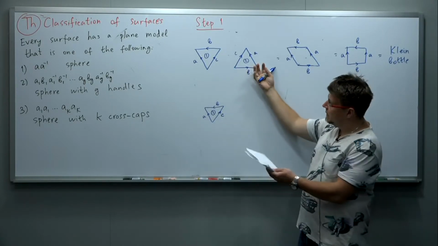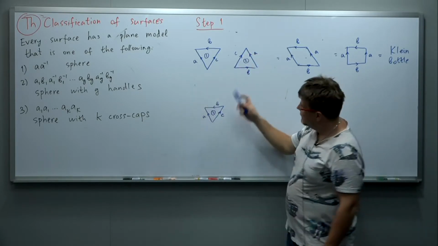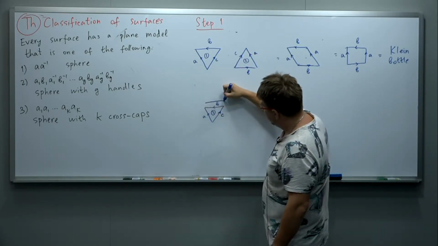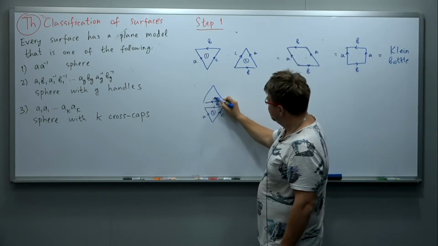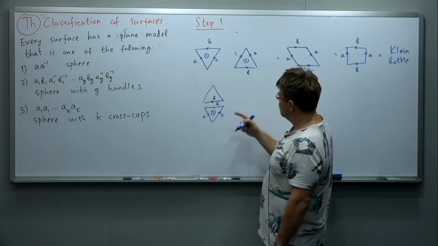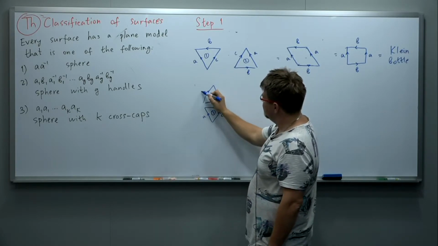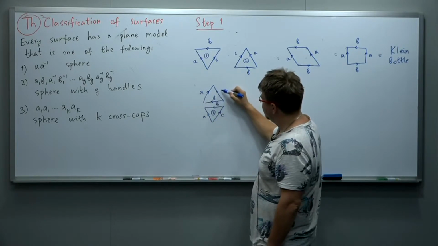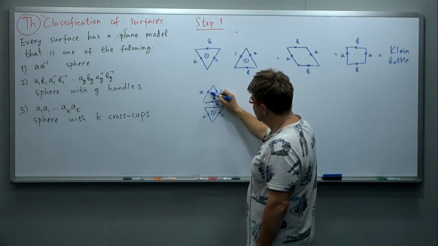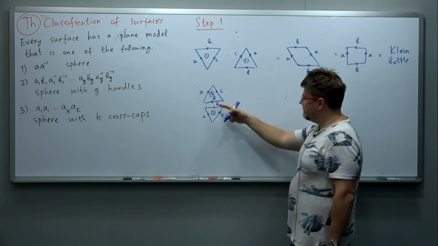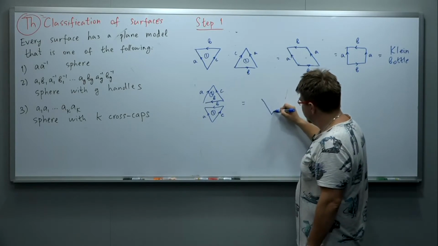So if I want them to fit together, I have to flip this triangle. When I'm gluing them, I'm going to flip it, turn it over, so that B actually points to the left. But then when I flip it, of course, A is going to be on the left now, and C is going to be on the right. So this is triangle number 2.